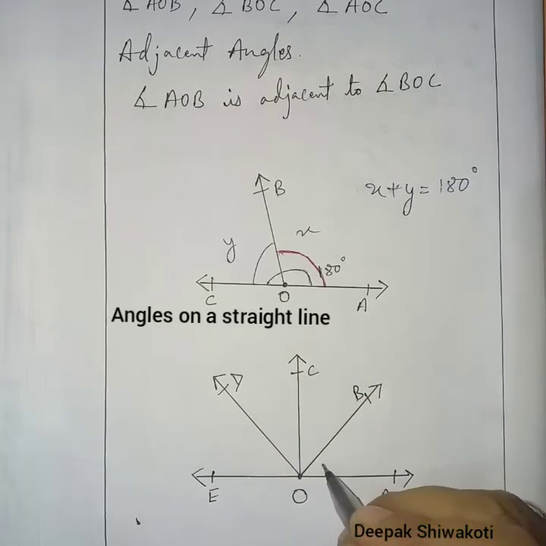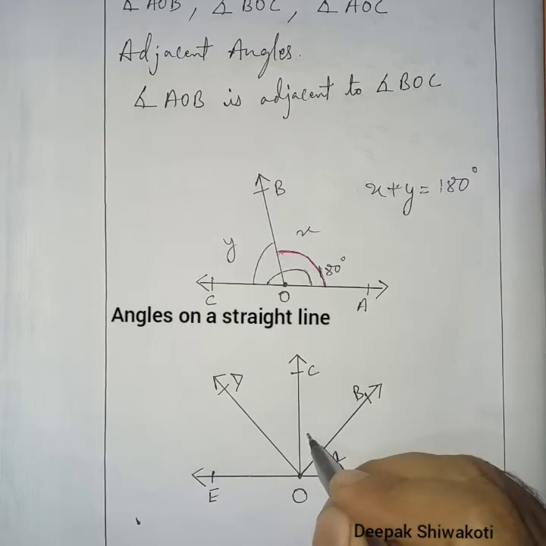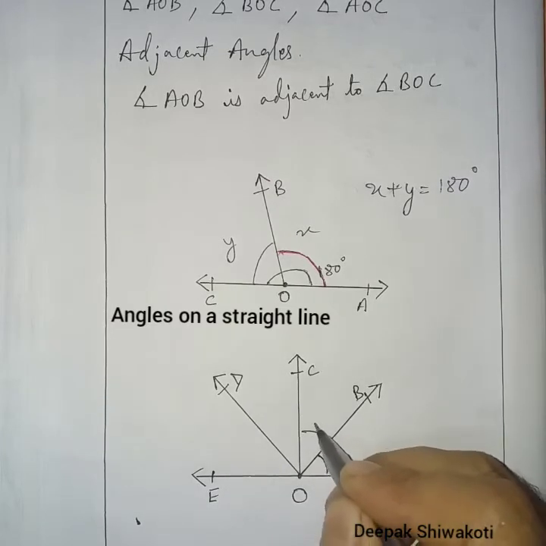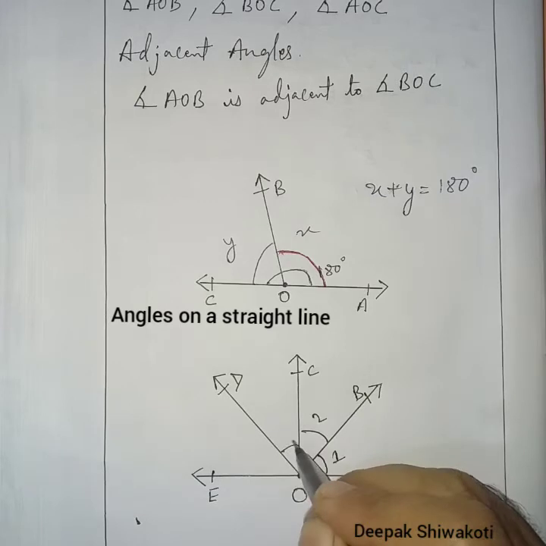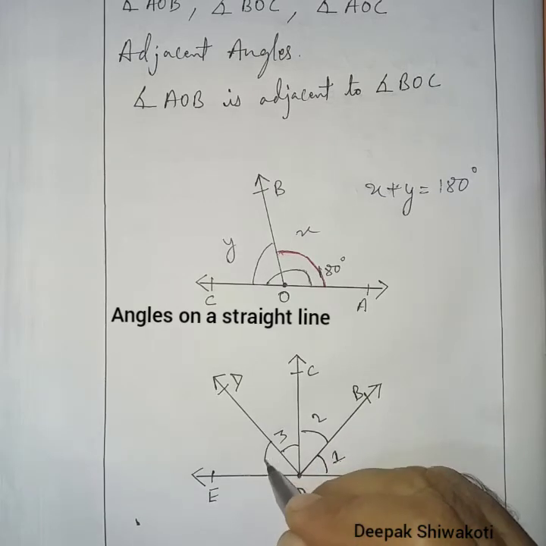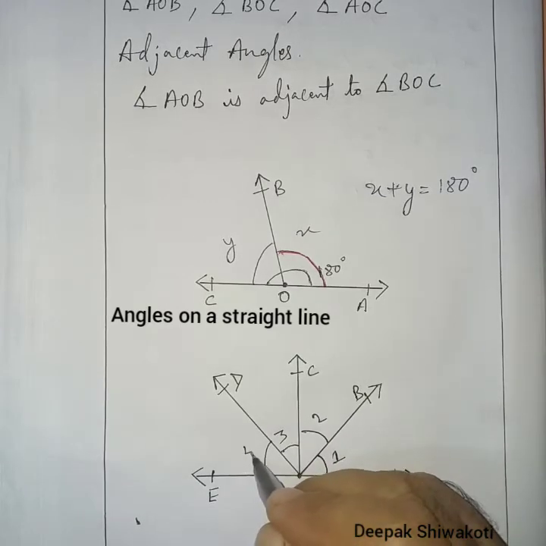Let us give the name of the angles formed by these rays as angle 1 here, this as angle 2, this as angle 3, and this as angle 4.